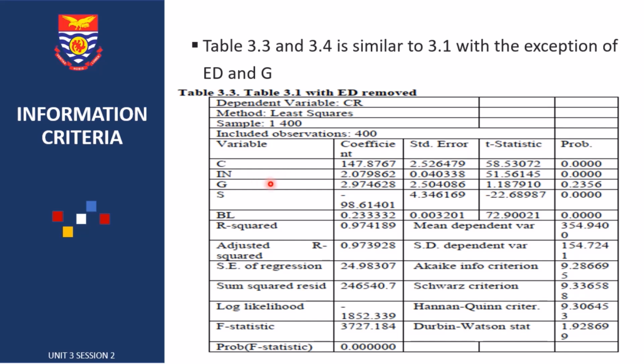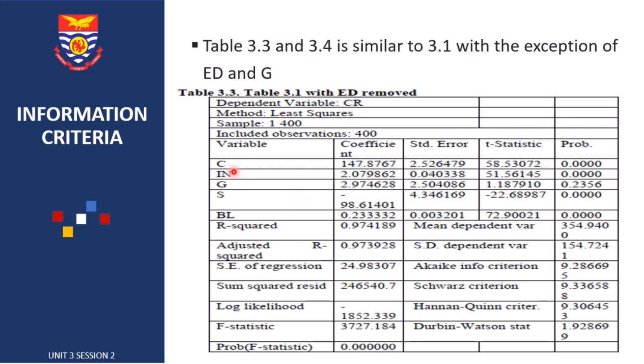But in table 3.3, you clearly see we have eliminated education and the other parameters that were not significant in our estimation. We don't have education anymore, because it was estimated that education does not play a role in estimating a customer's credit ratings or creditworthiness. Therefore, we have eliminated that portion of the equation.